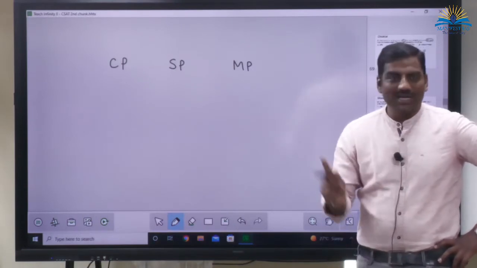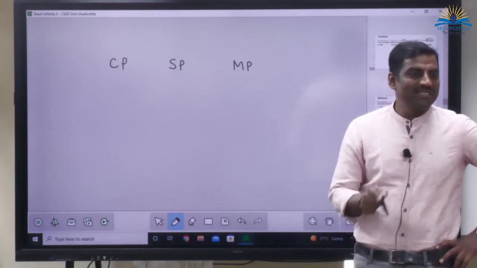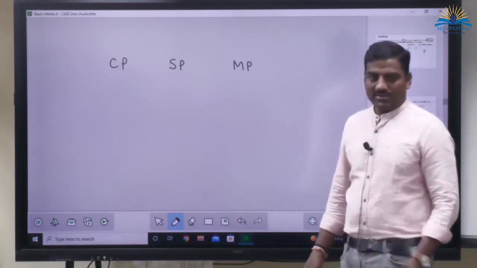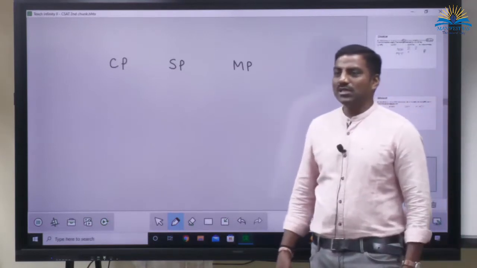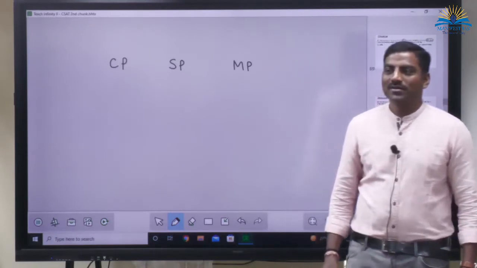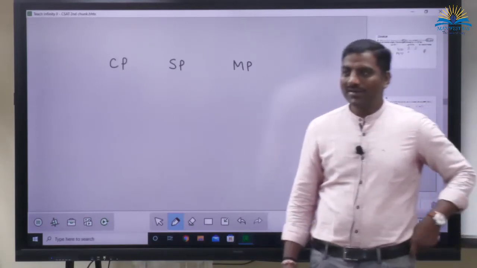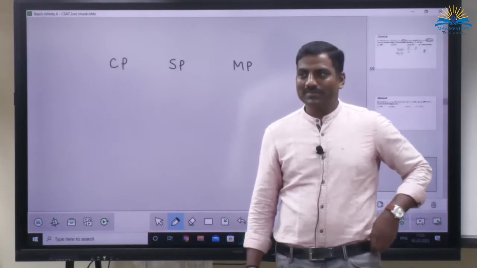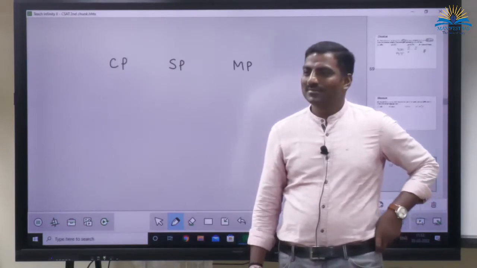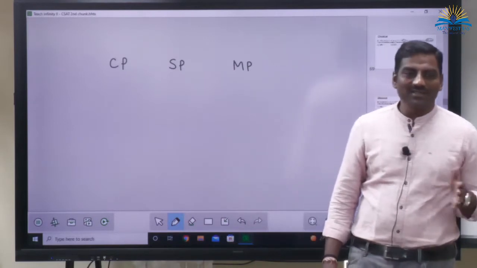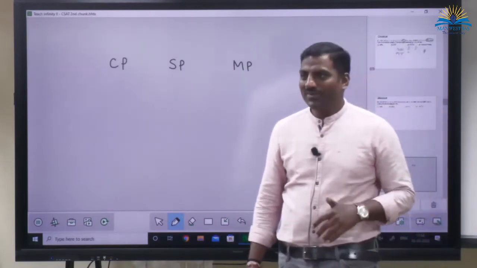There is nothing called market price, okay? Market price is nothing but the selling price only. This is the marked price. Who marked this one? The company. Who has given the company the authority to mark it? There is no rate fixation authority in India.